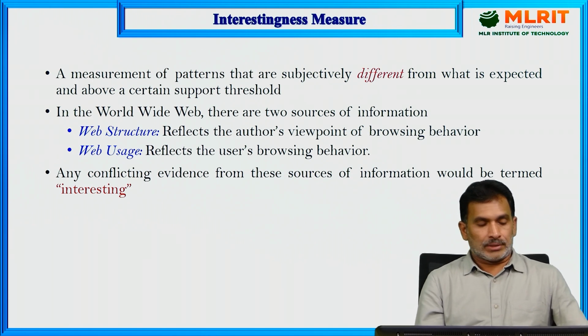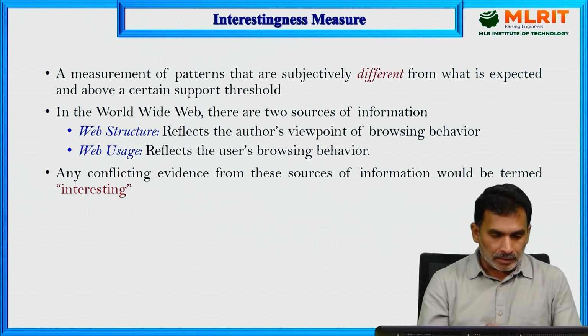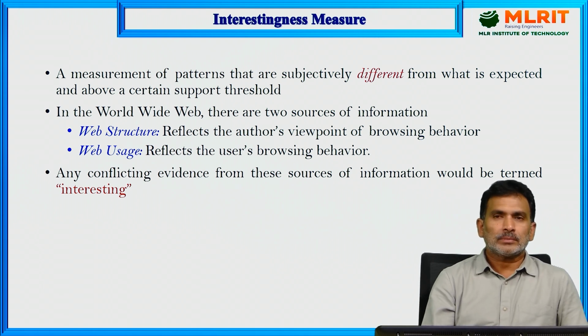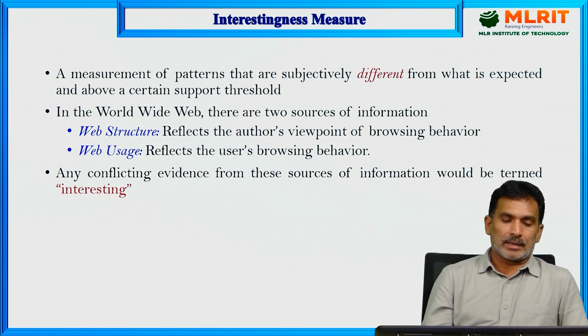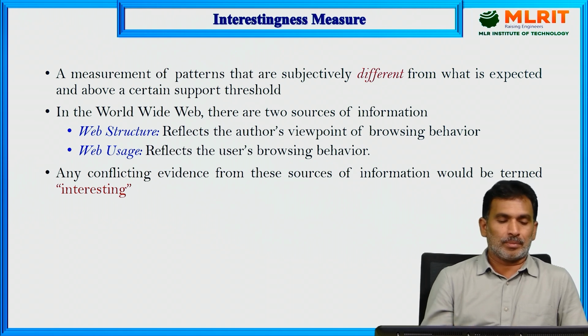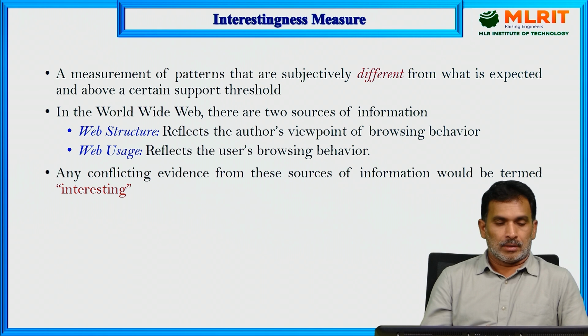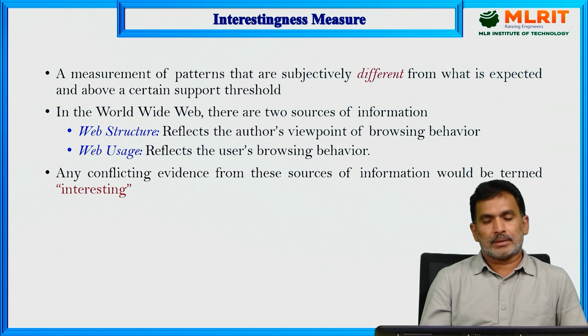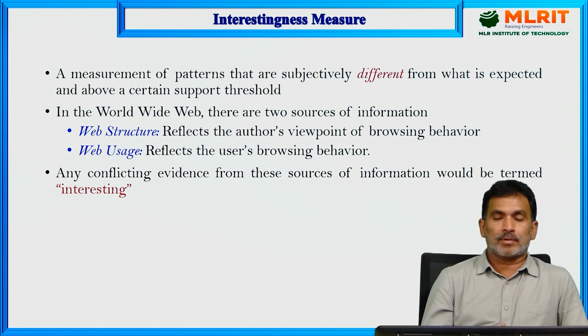Interestingness measure is another thing. Whatever rules or patterns we discover, we have to measure whether those are interesting or not. It is a measurement of patterns that are subjectively different from what is expected and above a certain support threshold.